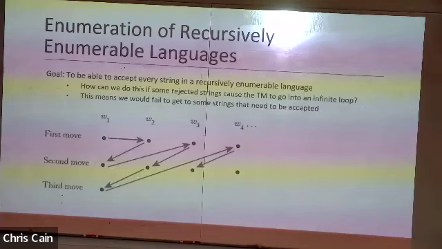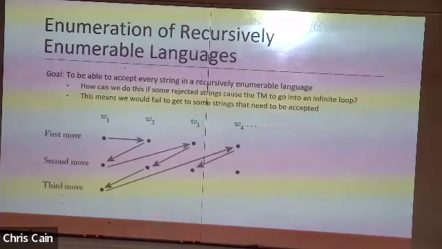So this works in the same way that rational numbers work. If any of these are accepted in a finite number of moves, we'll eventually get there. If they spin forever, we will continue to look at them, but not sequentially.